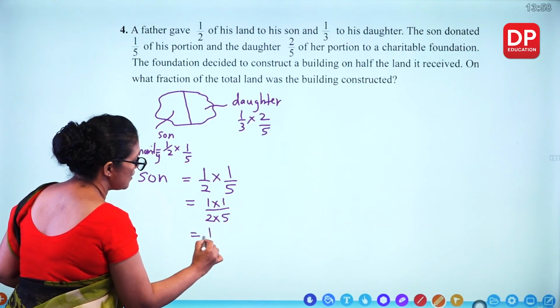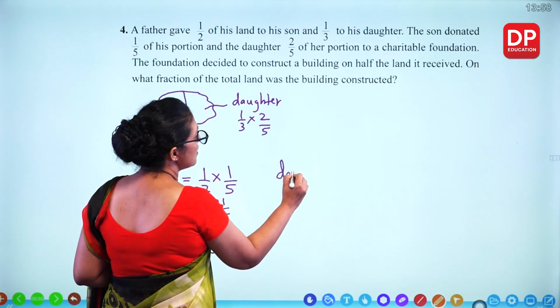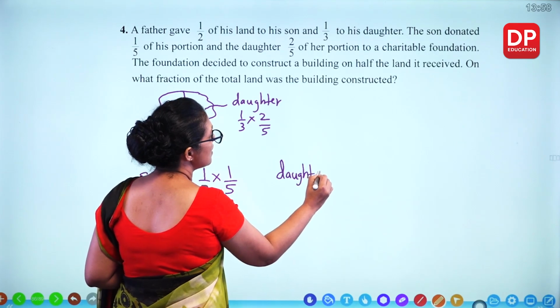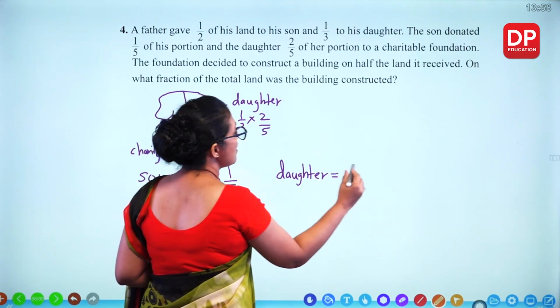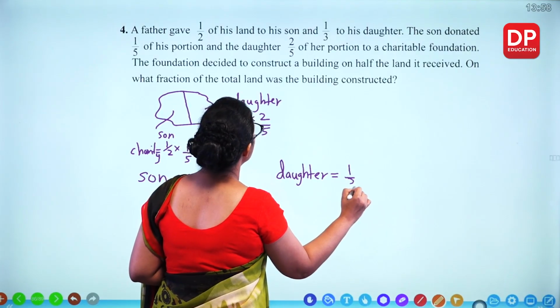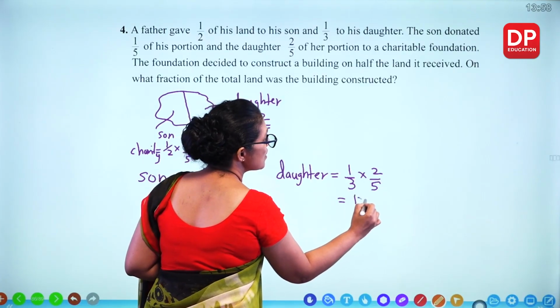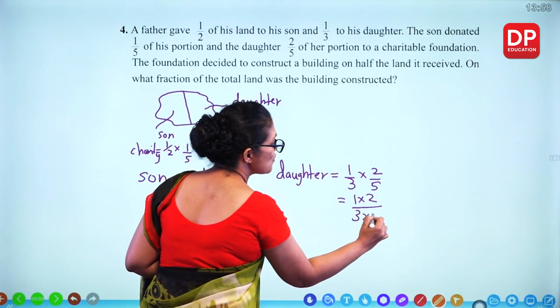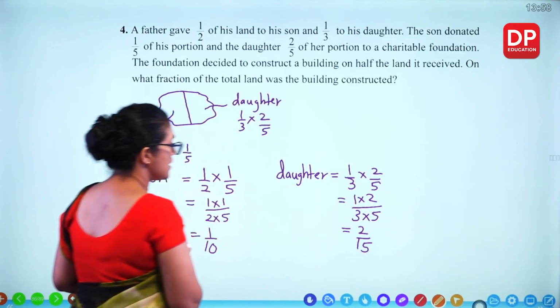That's 1 over 10. What about daughter? Daughter is giving 2/5 of 1/3. 1 times 2 and 3 times 5. So you get 2 over 15.